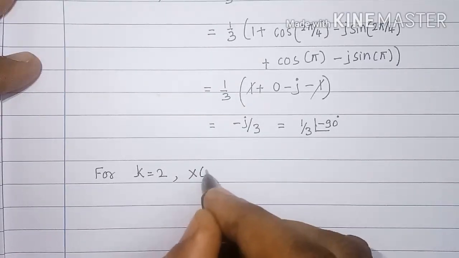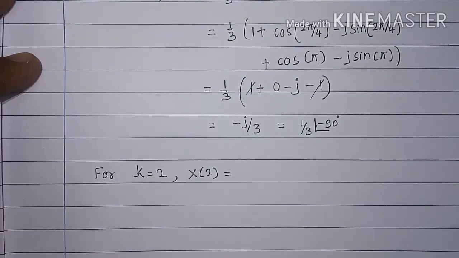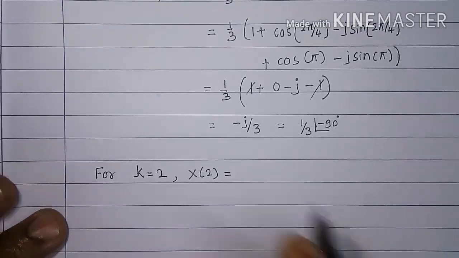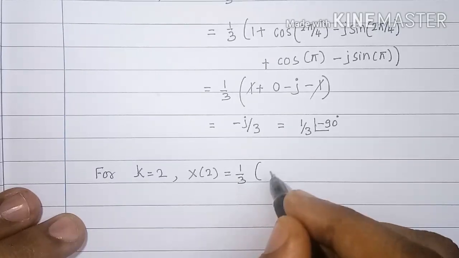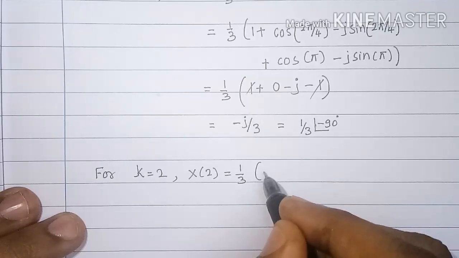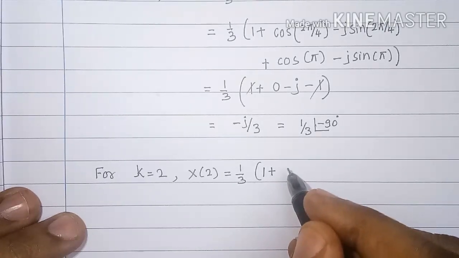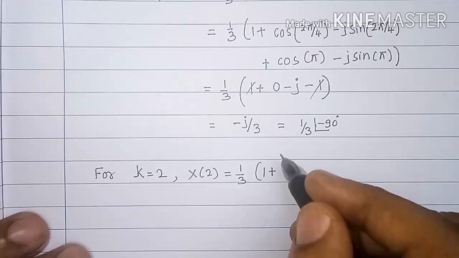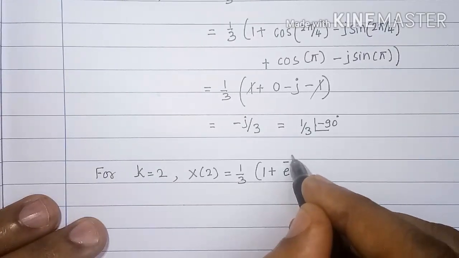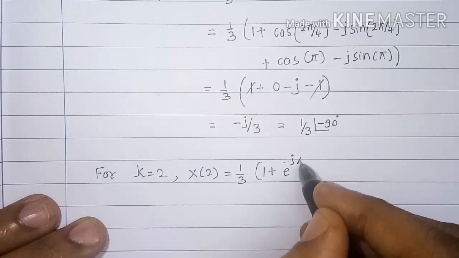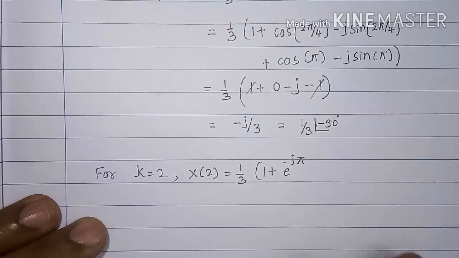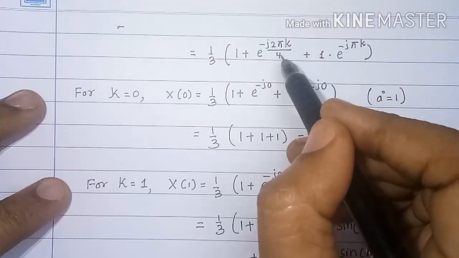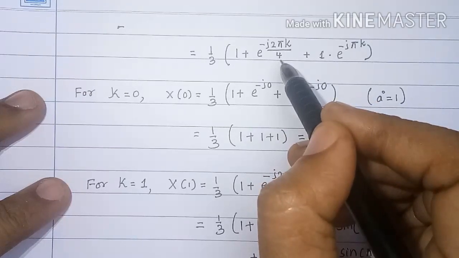For k equal to 2, x of 2 equal to 1 by 3 into the bracket 1 plus e raised to minus j pi, because if I put k equal to 2, 2 into 2 will become 4 and 4 will cancel.